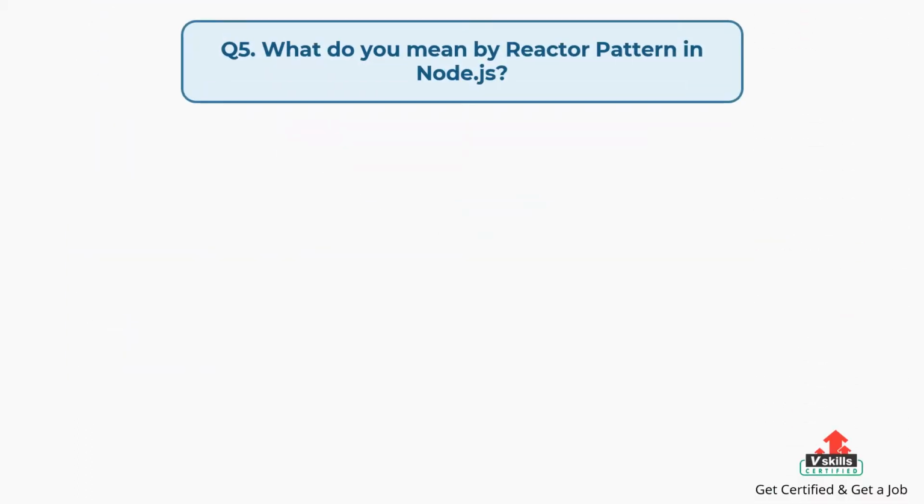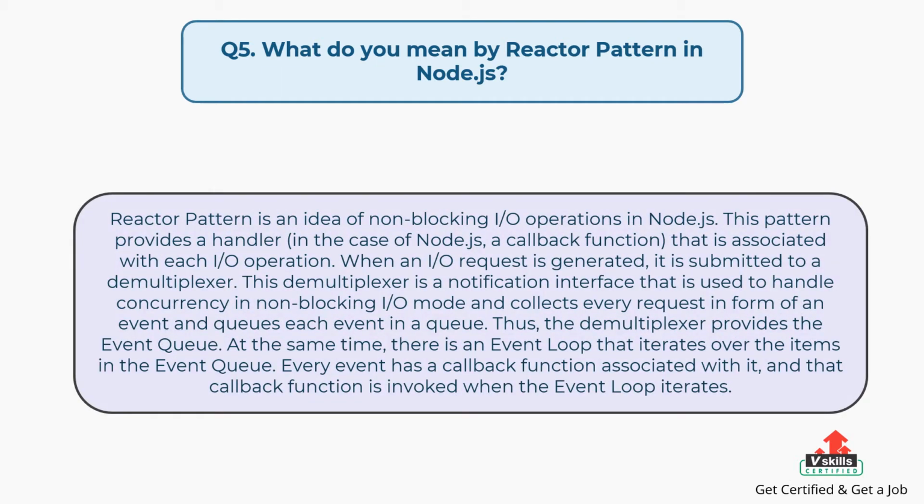Question number 5. What do you mean by Reactor pattern in Node.js? The answer is: Reactor pattern is an idea of non-blocking I/O operations in Node.js. This pattern provides a handler, in the case of Node.js, a callback function, that is associated with each I/O operation. When an I/O request is generated, it is submitted to a demultiplexer.